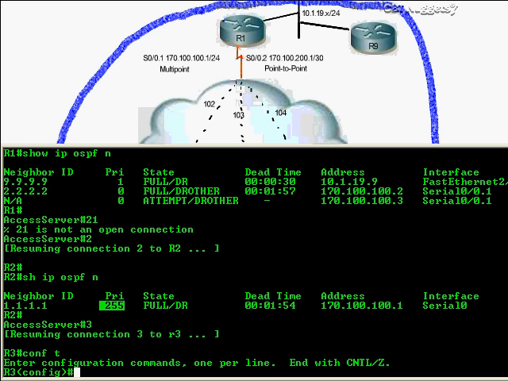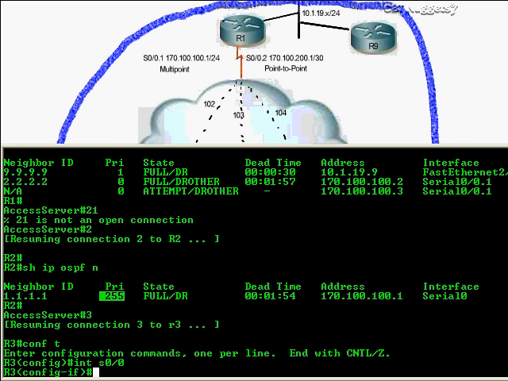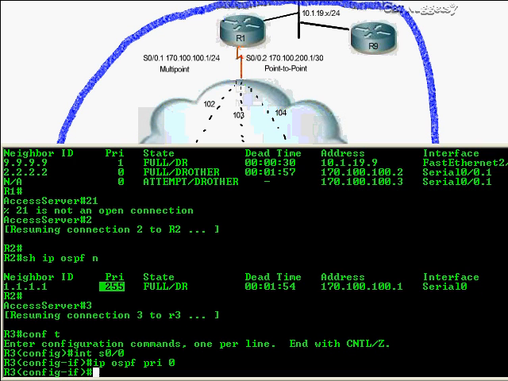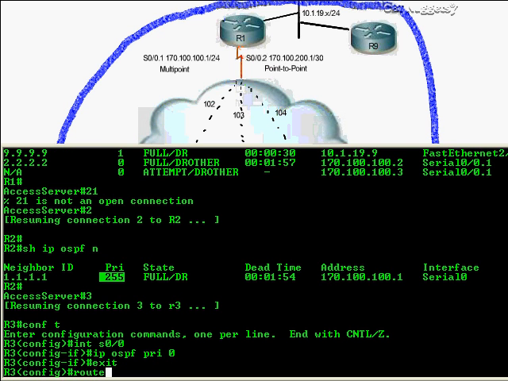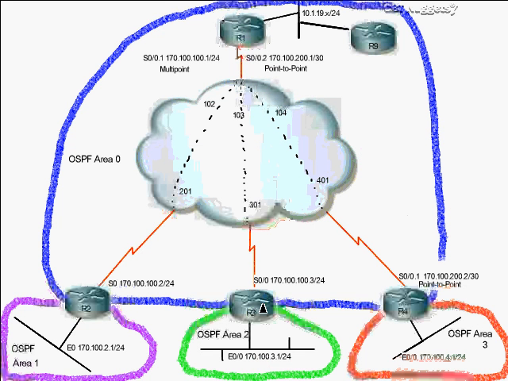Config T, and before I even go too far, I'll go into interface serial 0/0, and I will set the IP OSPF priority to 0 so I don't forget. Router OSPF 1, router ID 3333, network, oh, I can't remember. Network, we're on router 3, 170.100.100.3 and 170.100.3.1.